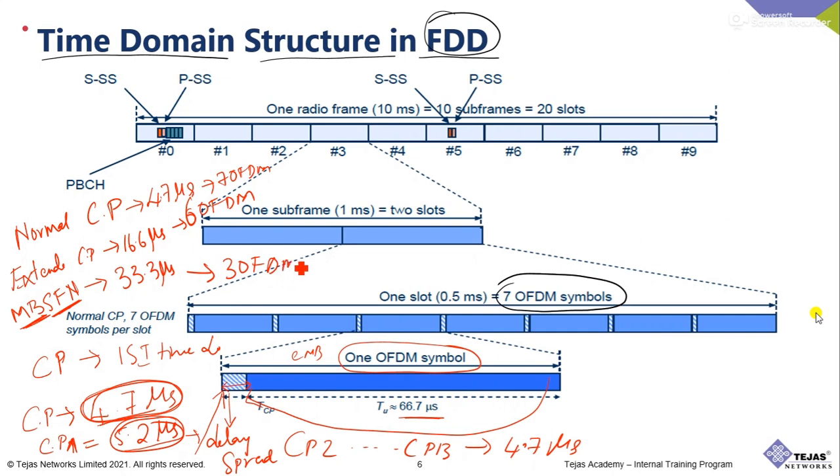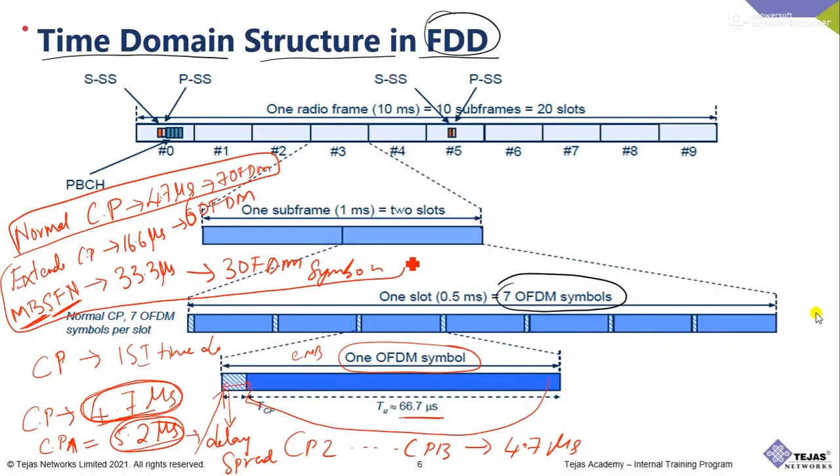Only 3 OFDM symbols are available. Now, in our discussion, we will be discussing only the normal cyclic prefix. These we are not discussing because we are not doing any implementation. In case you require any information, I can extend that. But our discussion will be limited to only the normal cyclic prefix.